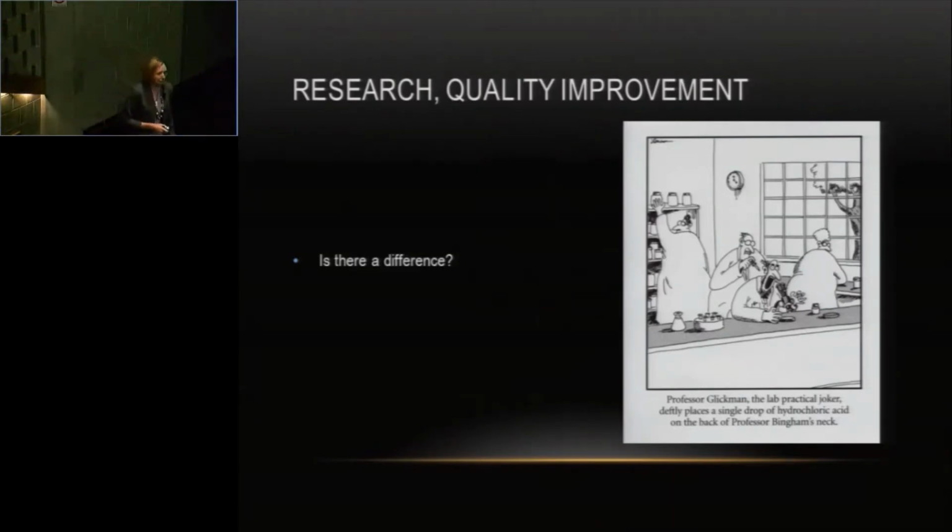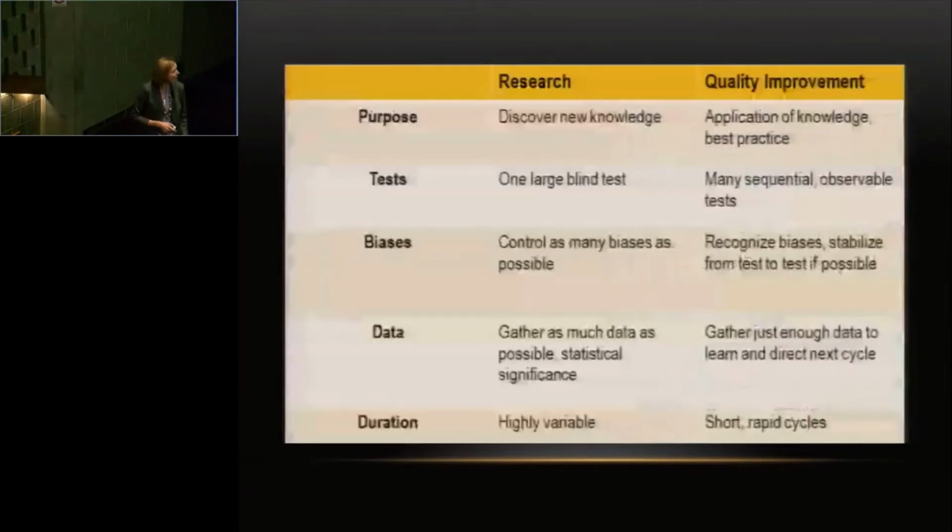So the difference between quality improvement and research are those two basic things. Here's a grid. Research, discover new knowledge. Quality improvement is application of knowledge, okay, and best practice. In research, you try to eliminate all the confounding variables up front. You try to control for everything. In quality improvement, you acknowledge a lot of those things and those biases, but you move forward anyway.